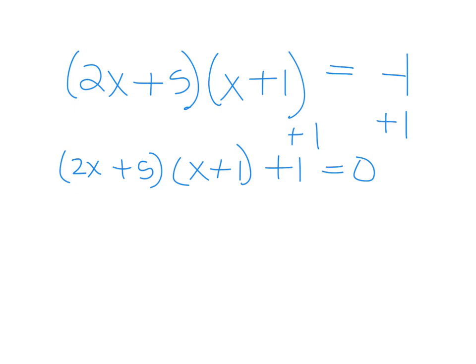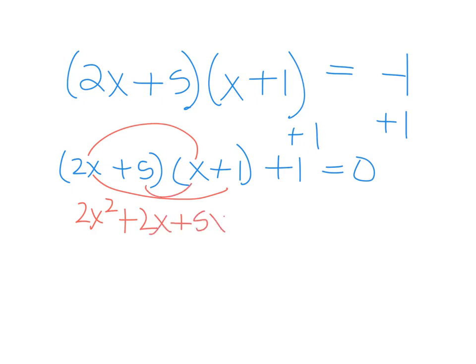I can't do anything until I actually FOIL 2x plus 5 times x plus 1. So I'm going to go back and multiply first. 2x times x is 2x squared. 2x times 1 is plus 2x. 5 times x is plus 5x. 5 times 1 is 5.